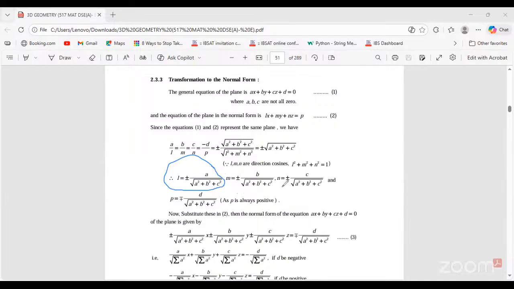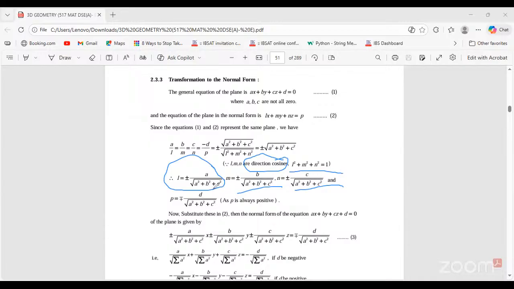Now what is M? Plus or minus b by the square root of a square plus b square plus c square. Now what is N? Plus or minus c by the square root of a square plus b square plus c square. These are the direction cosines, satisfying the condition L square plus M square plus N square equals 1.